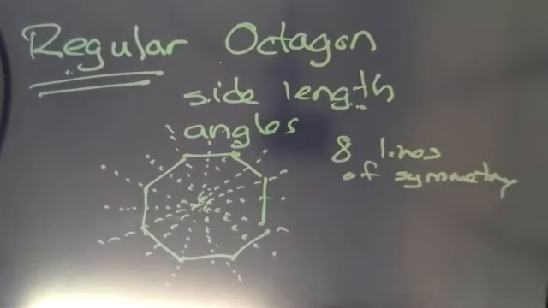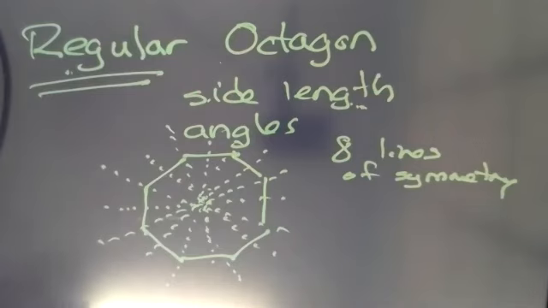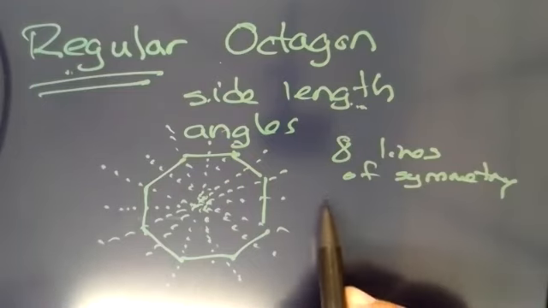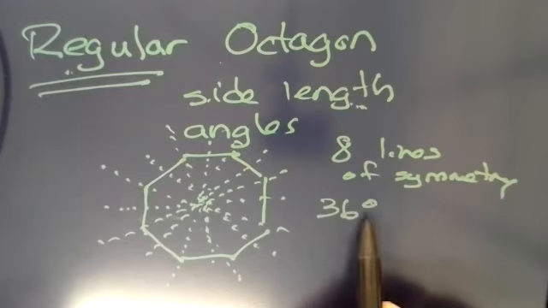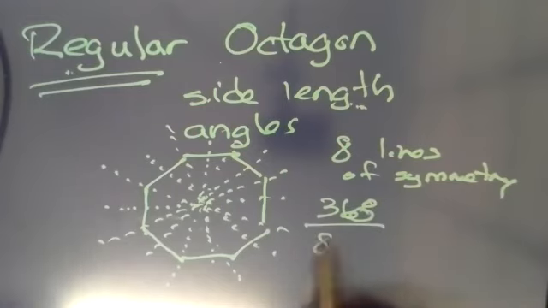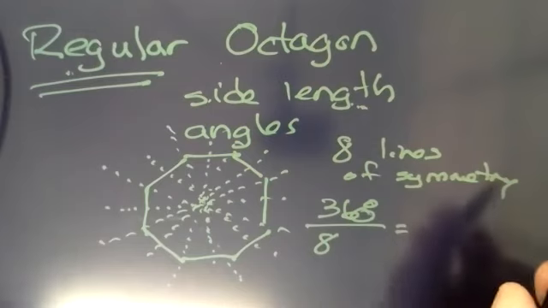All right. So in order for me to find out which angles the octagon could be rotated so it is mapped onto itself, I'll take the 360 degrees and divide that by 8. Which is going to be what degree, guys? Very good.